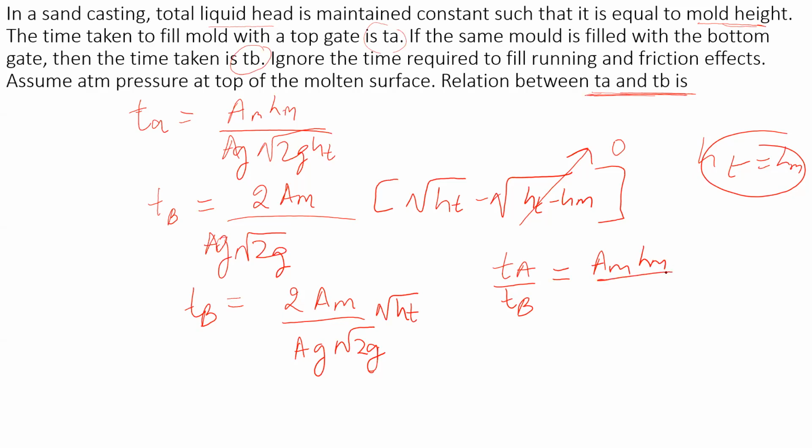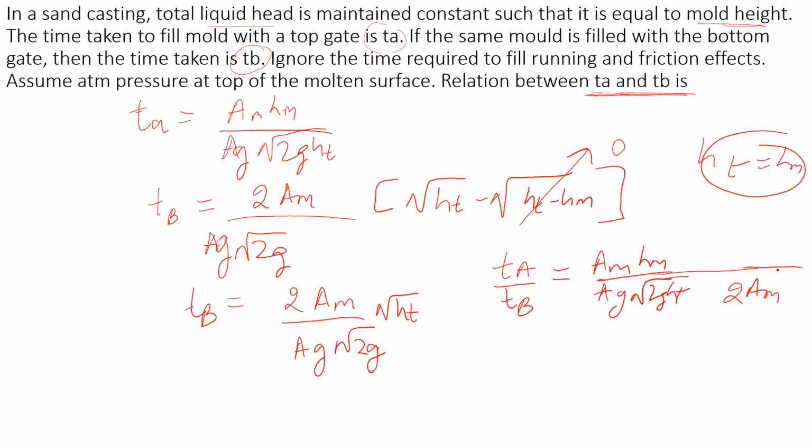AMHM upon under root 2GHT, and this is TB, 2AM. So is it equal to 1 by 2? Yes, it is equal to 1 by 2.